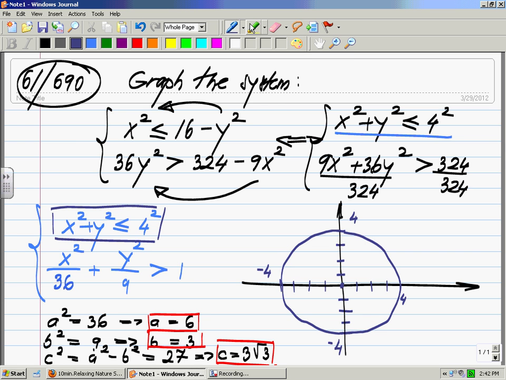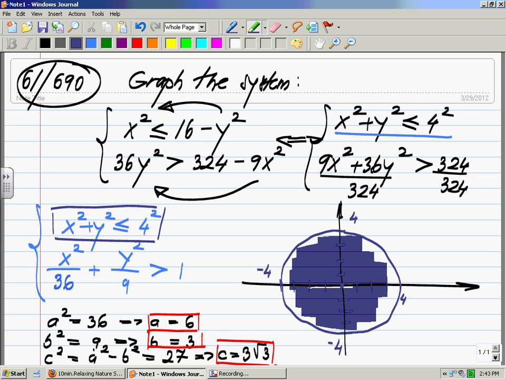So which part of the circle, the outside or the inside? It's the inside of my circle, right? And also the question is, is the very circle included? Yes, why? Because it says equal to, right? So this is the solution set for the first inequality.